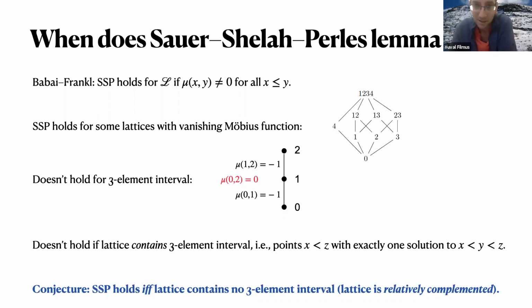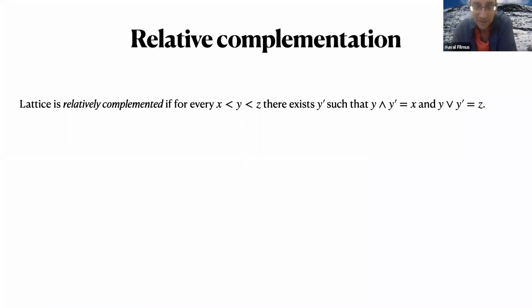So when is a lattice relatively complemented? A complement of an element y is an element y prime such that the meet is the bottom element of the lattice, and the join is the top element of the lattice. The lattice is relatively complemented if every element has a complement relative to every interval, which is what's written on the screen.